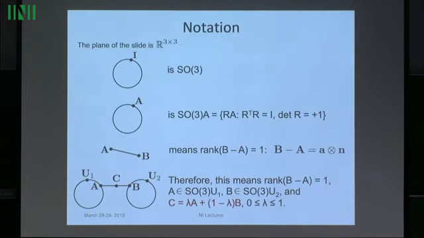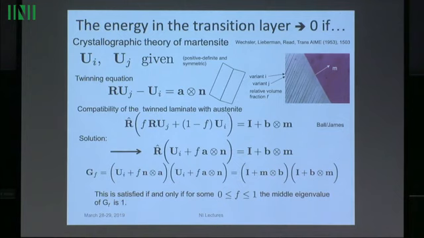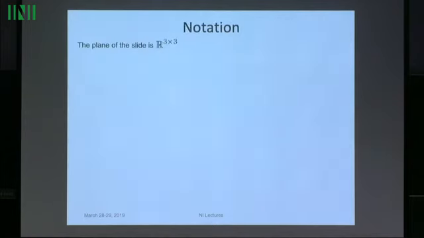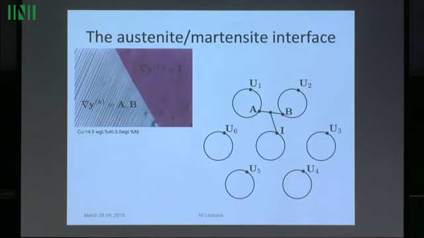And this equation that I just showed you, which is the condition for being able to drive the transition layer energy to zero, is, if you see this, just a convex combination. So in fact, that equation represented in symbolic form is that there's a point along the line between A and B which differs from identity by a rank 1 matrix. Okay, that's the condition. So that's the algebra of those equations written in pictures.